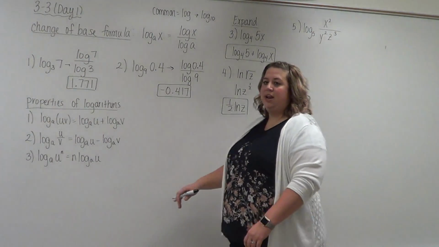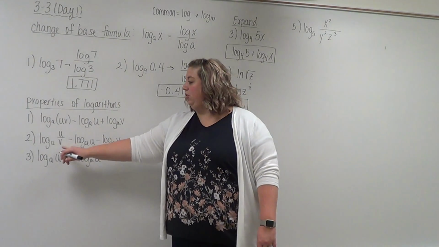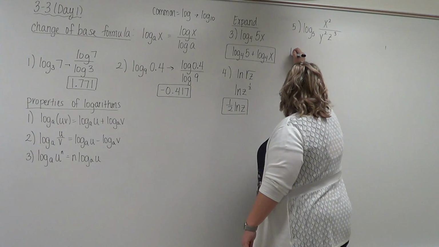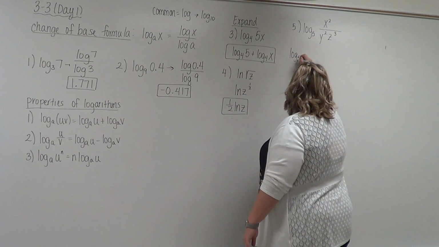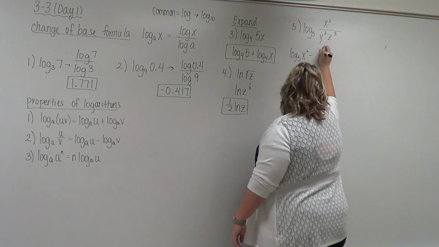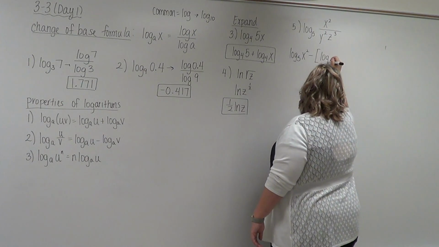Okay, dividing, what do you do? Subtract. Now this one has a lot going on, so the first thing we're going to do is split up the dividing by subtracting. So this would be log 5 x squared minus, okay, I got multiple things going on down there, so we're going to put this in parentheses.